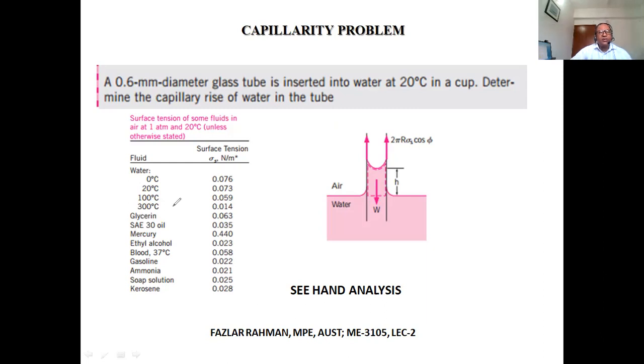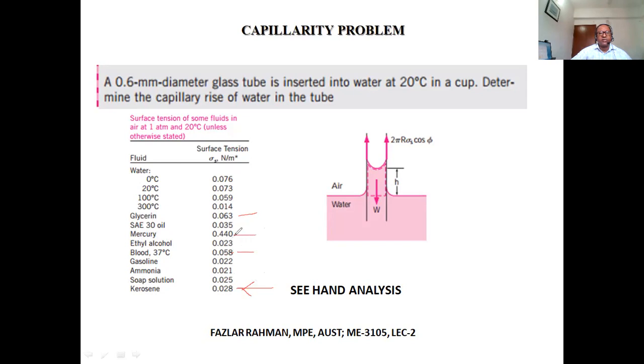And you see in this table, kerosene is given 28 surface tension, then soap solution, blood, gasoline, glycerin, then automobile oil, SAE 30 oil, it has a surface tension of 0.035. Then you have mercury.